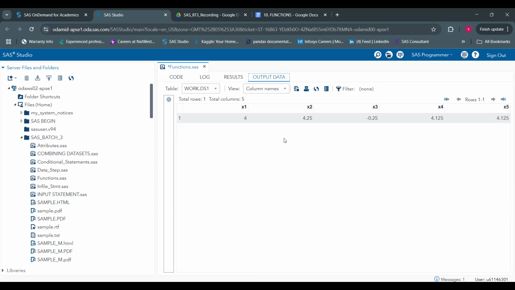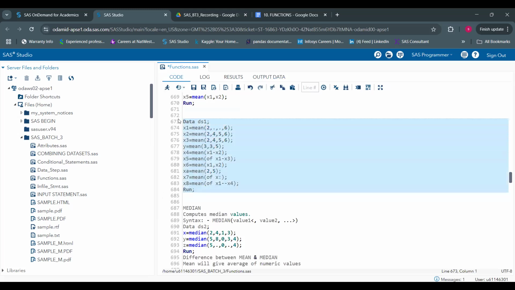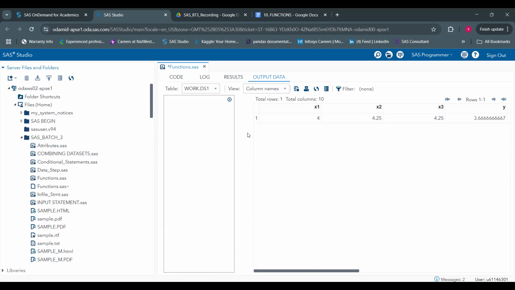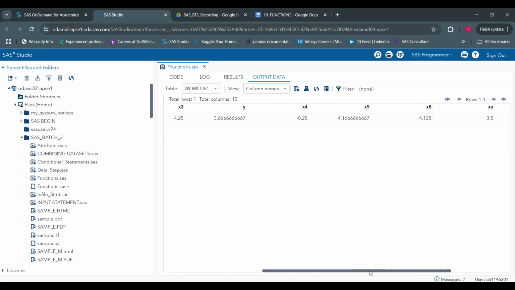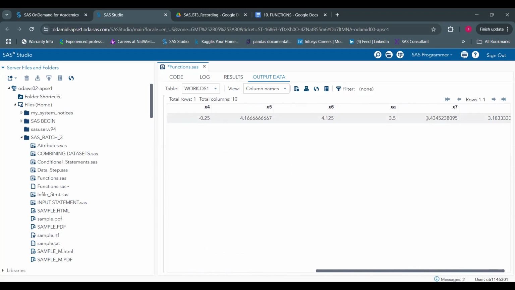If we just calculate this, 4 plus 4.25 is 8.25, and again, 4, 8, 12, 12.5, and again 3, 12.25, and again 16 point something, and x6, and xa, all divided by 7 gives you this value. Okay, yeah.